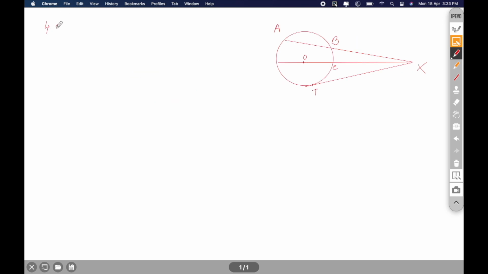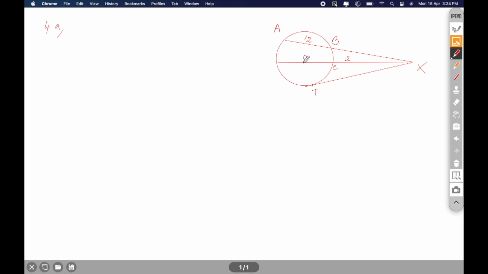So question number 4a. In the figure given below, AX equals 16 centimeters, AB equals 12 centimeters. Calculate XT. If O is the center of the circle and CX equals 2 centimeters, calculate the radius of the circle.